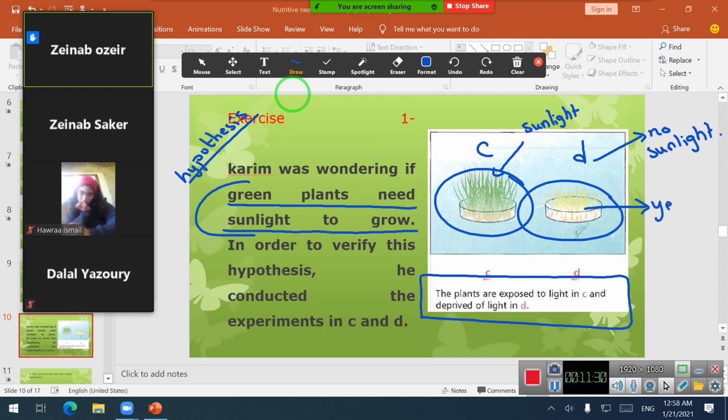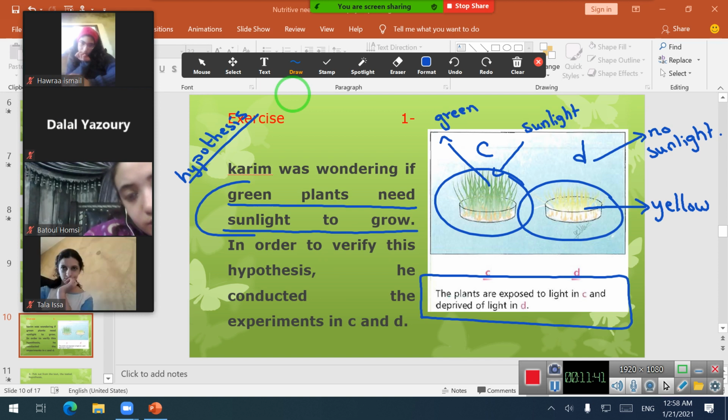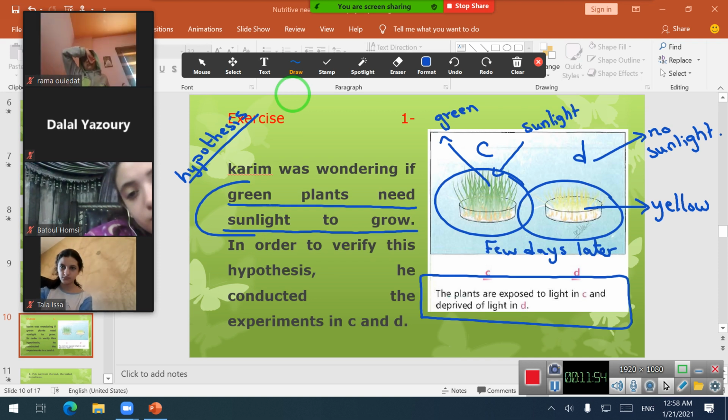The leaves are green pigment, which have chlorophyll. So, a few days later, plant C keeps its leaves green, while plant D turns yellow.